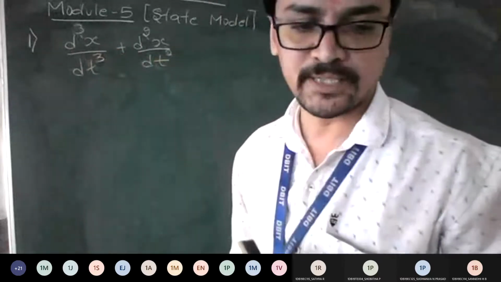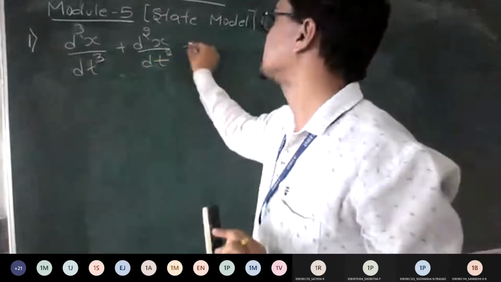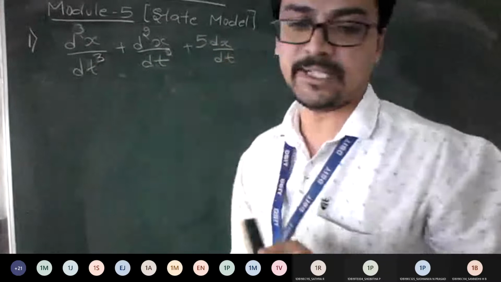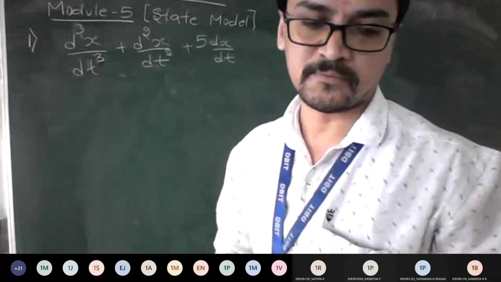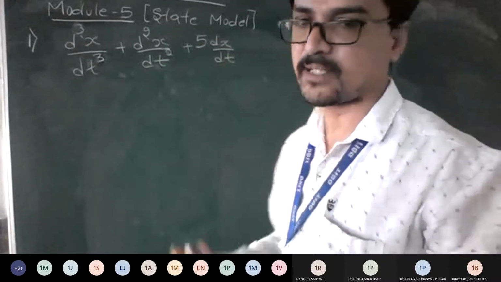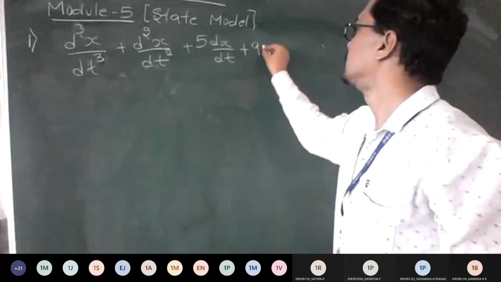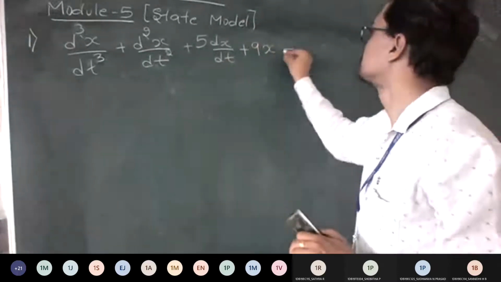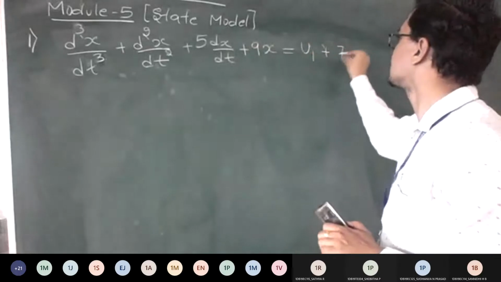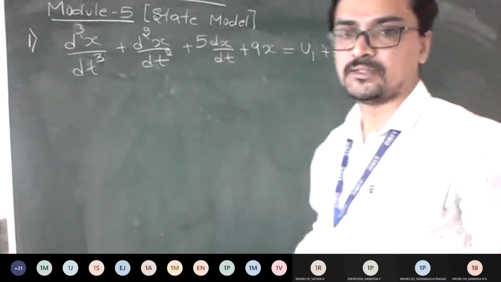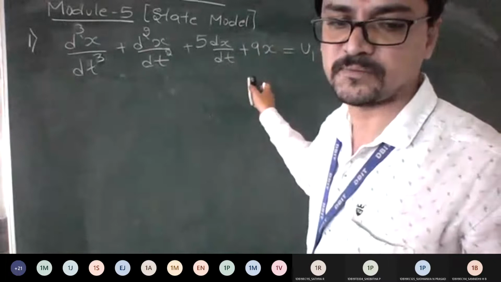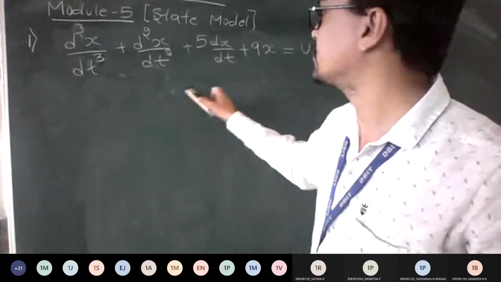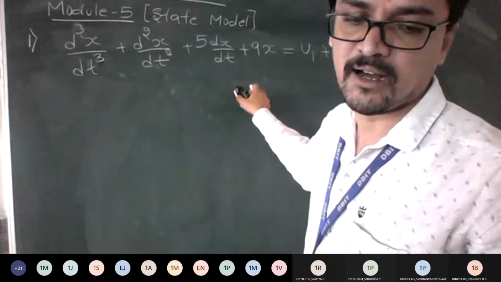Okay, so cube, then square, then plus 5 dx by dt plus 9x equals u1 plus 7 u2. So this is the given question. Is it visible what I wrote, everyone? Yes, sir.